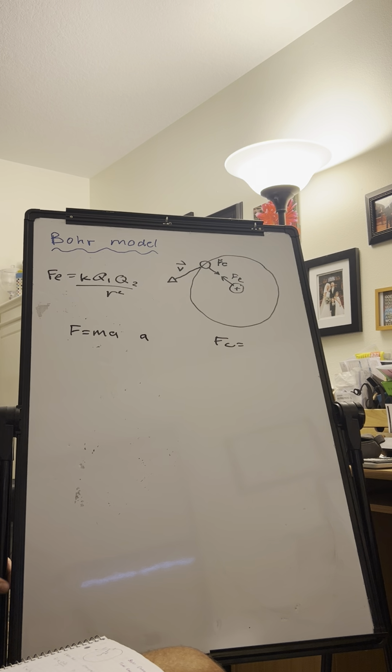Centripetal acceleration is the velocity squared over the radius. So if we input this into the F equals ma equation, you get m times velocity squared over r.